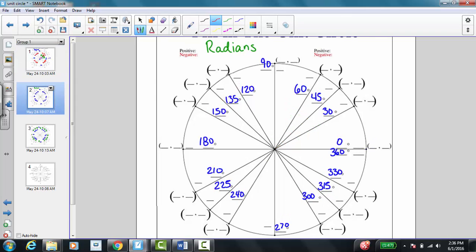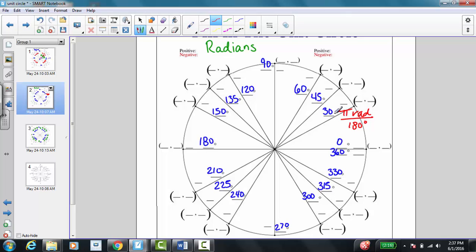Okay, so for radians, if you remember in the converting between degrees and radians video, we use the conversion factor of pi radians over 180 degrees. So I can actually use that conversion factor on all of the degree measures that I now have in order to obtain the radians.